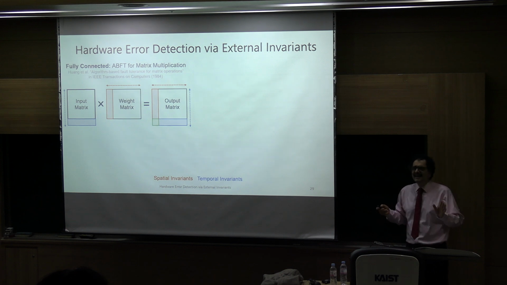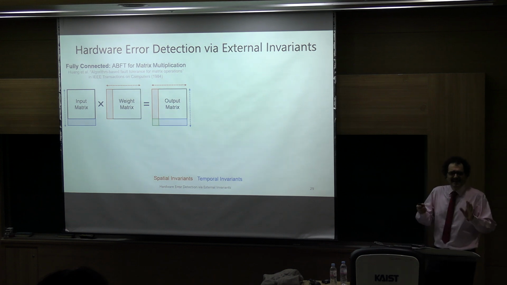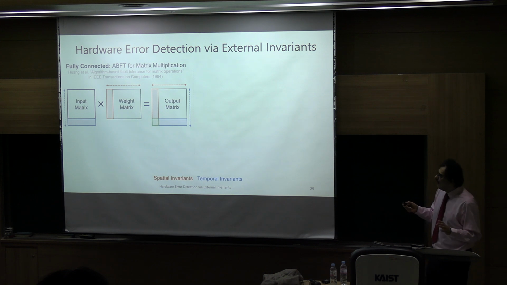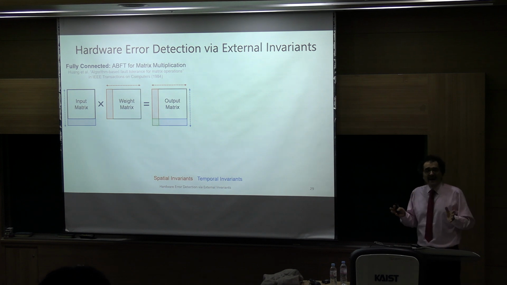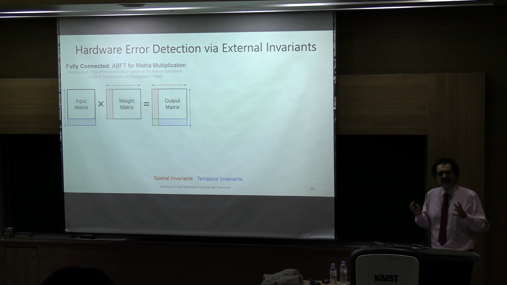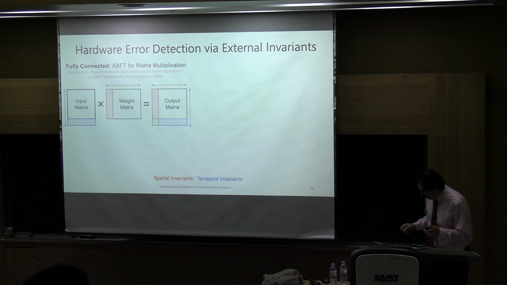Now, these particular ideas are not tremendously new. I mean, this kind of algorithm-based fault tolerance for matrix multiplication is something that has been going on for a while, and some of my good colleagues have been talking about this for considerable amounts of time.